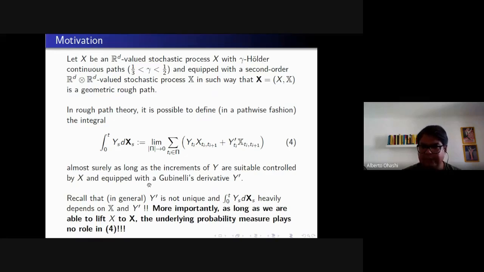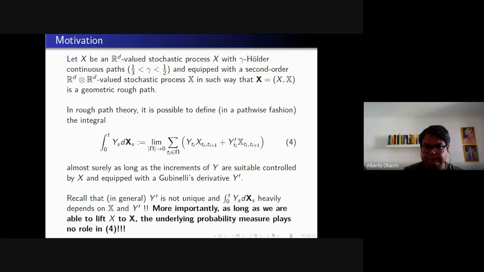More importantly, as long as you are able to lift X into a geometric rough path object, the underlying probability measure does not play any role in this convergence.